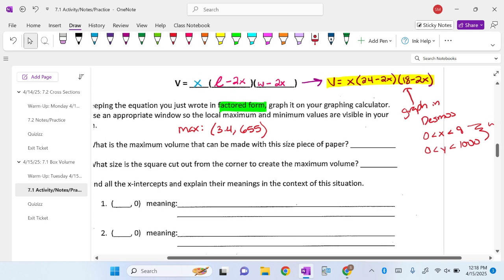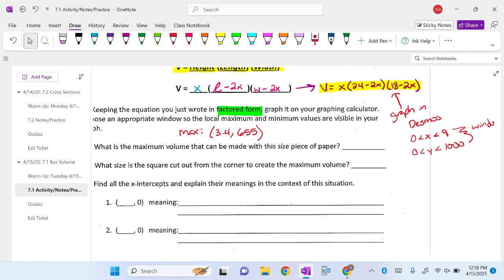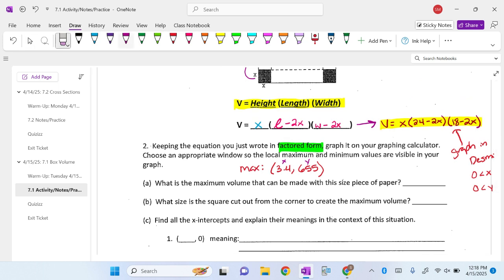So here's my question. What is the maximum volume that can be made with that size piece of paper? It comes from that point. Which part of that point do you think that is, the x or the y? It would be the y value, because we already said x is equal to what? Up here at the top, x is equal to our height.